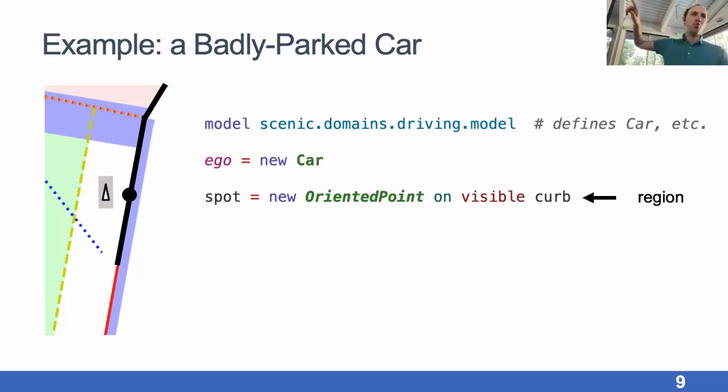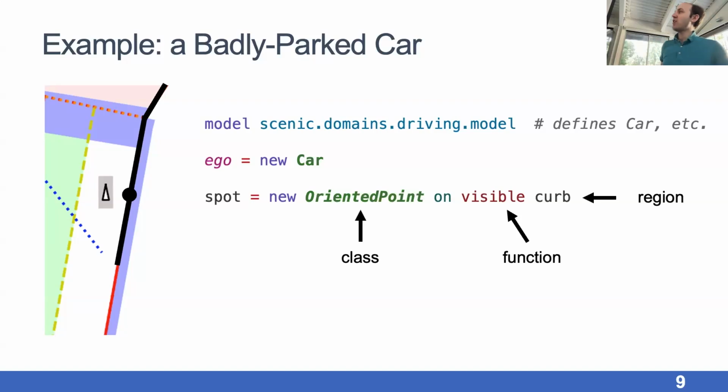Here, I actually haven't shown which OpenDrive map we're using, but you can specify that. This scenario would work with any such map. So we're taking that curb region, and now we're applying a built-in function in Scenic, the visible function, which restricts that region to the part which is visible from the ego. So that gives us the black region on the left there.